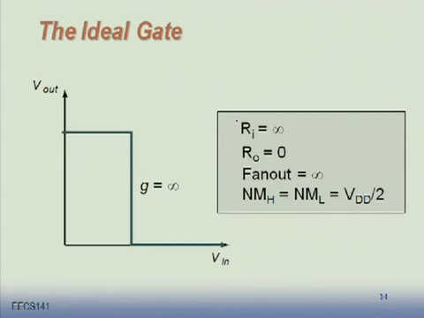Now, the ideal gate, we can already say that what we would like to have as a gate is something that has 0 gain here, output resistance, it can drive an infinitely large fan out.